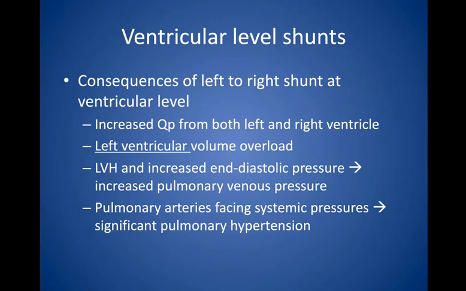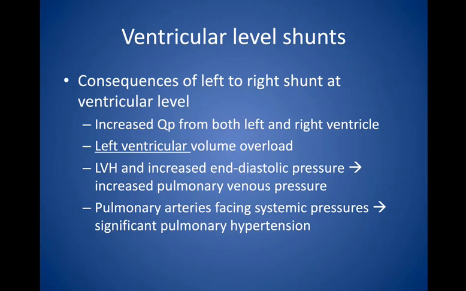So the consequence of left to right shunts at the ventricular level, so again, you have much more increased QP, both from the left and right ventricle. And what you end up having is, as that increased QP, you see dilation of the pulmonary arteries, you see much more blood flow going into the capillaries, you see the interstitial edema, and then all of this is coming back to the left side of the heart.